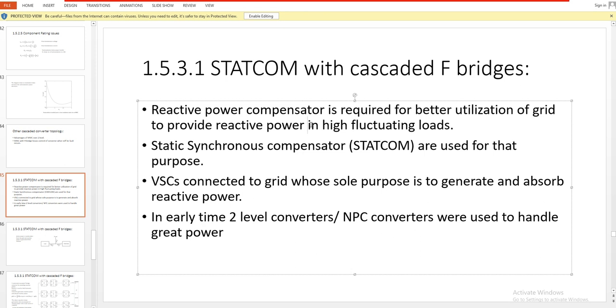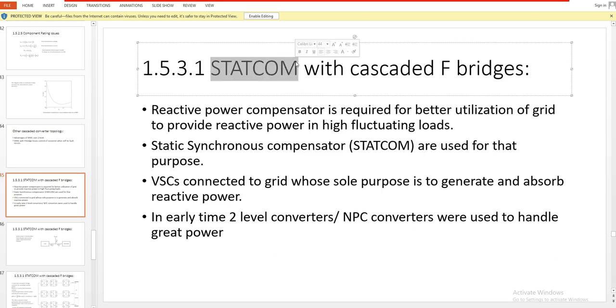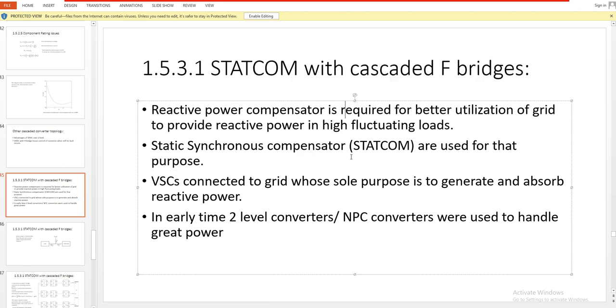In an AC system, in order to maintain the voltage profile, we need a certain amount of reactive power, and that reactive power can be supplied using a static compensator with cascaded full bridges. So we can use them in order to generate the reactive power. They can inject the reactive power into the system in order to improve the voltage profile of the system, and they can consume the reactive power whenever there is an excess of reactive power.